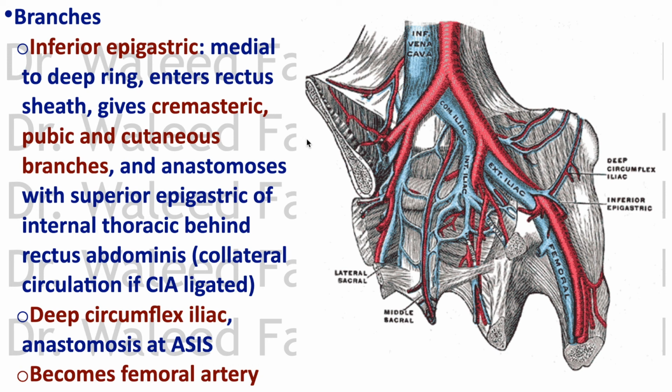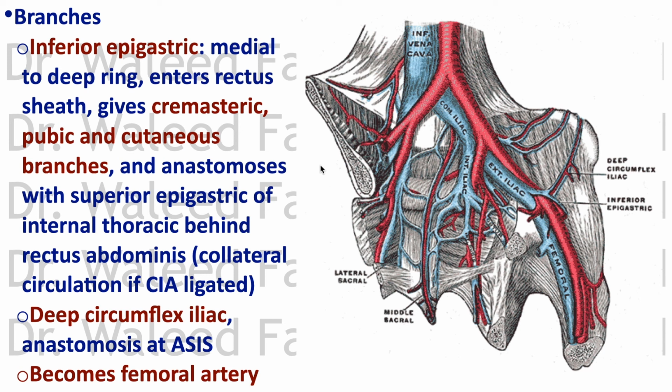This is a connection between the external iliac and the internal thoracic. It's a collateral circulation for the common iliac artery.